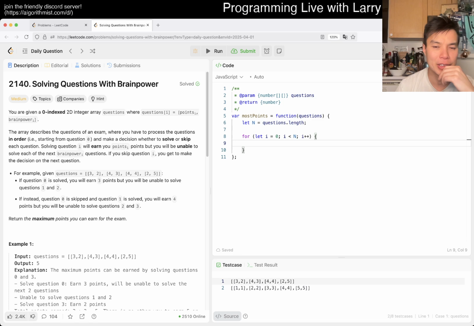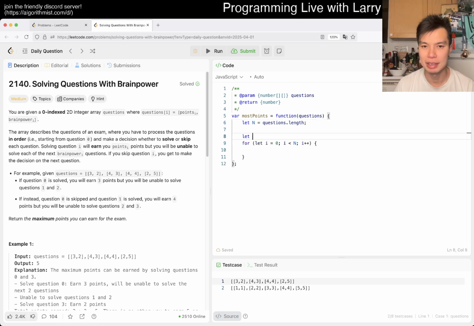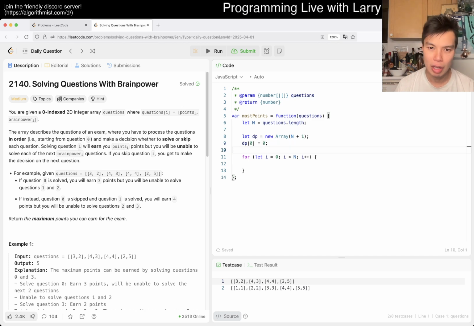Okay, so what do we want to do? Well, I forgot to write. Let's actually define dp as a new array of length n or n plus 1. I think n plus 1 would be fine, though there's a little bit of awkwardness depending on how we want to write it. But yeah, and then dp of 0 is equal to 0, right?